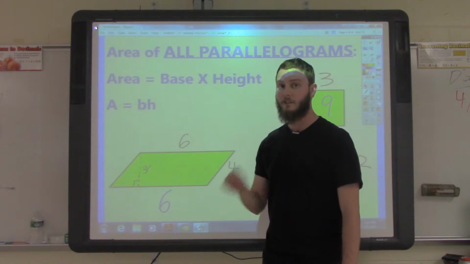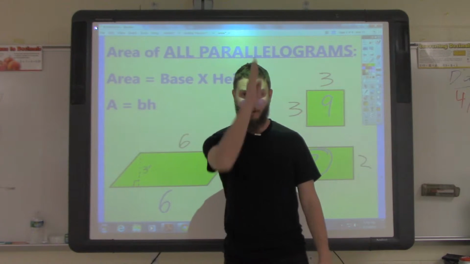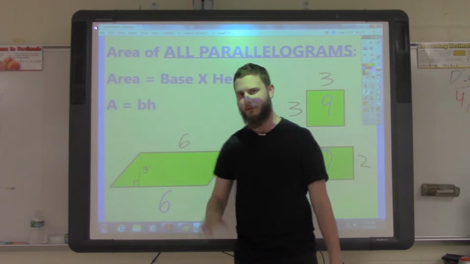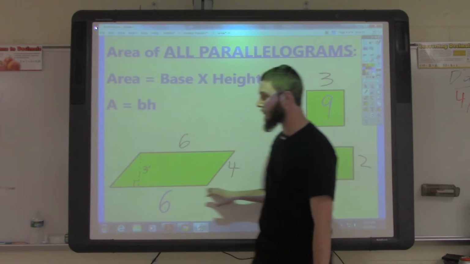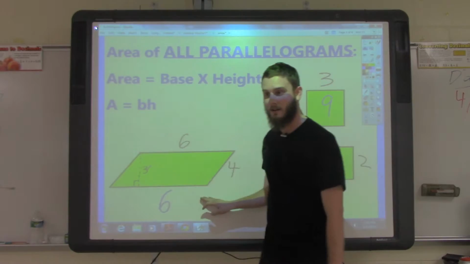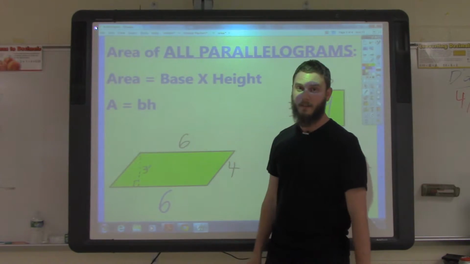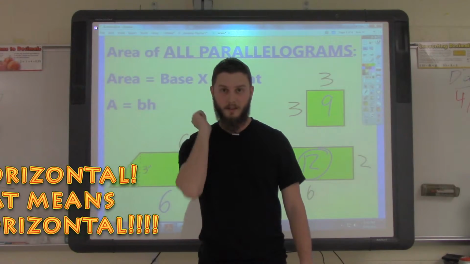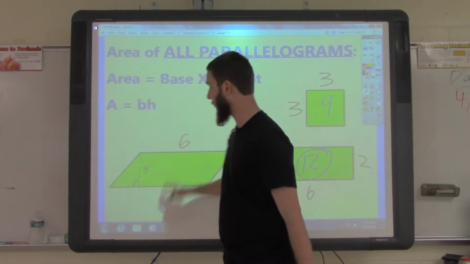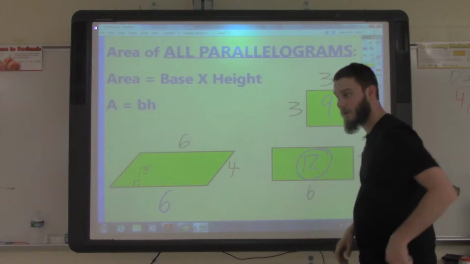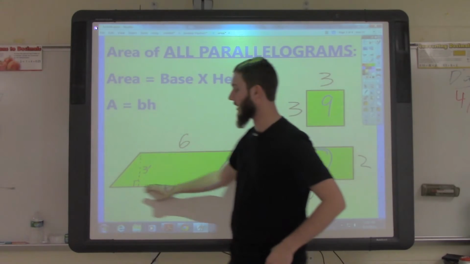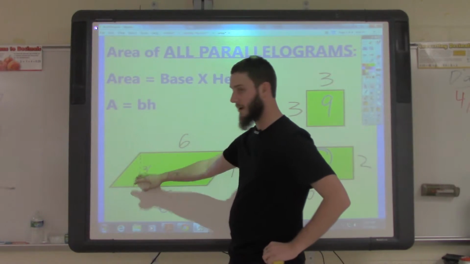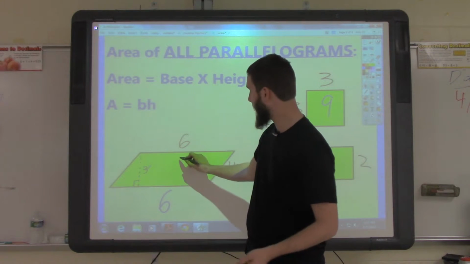To measure height, you have to be going vertical, straight up and straight down. To measure the base, likewise, you have to be going straight across and straight back. It can't be diagonal. The base has to be flat and the height has to be vertical. Plain and simple. So for the area of this parallelogram, we are going to take our base, which is 6, and our height, which is 3, to get an area of 18.